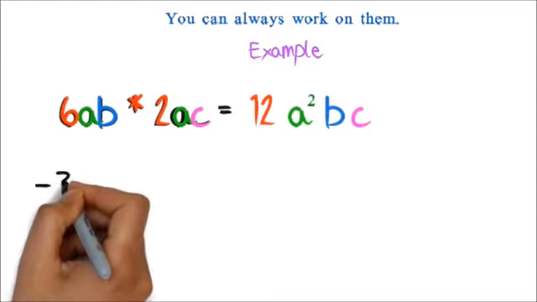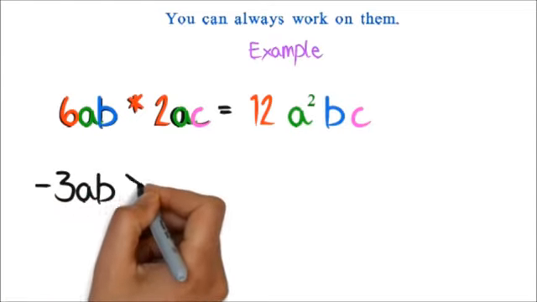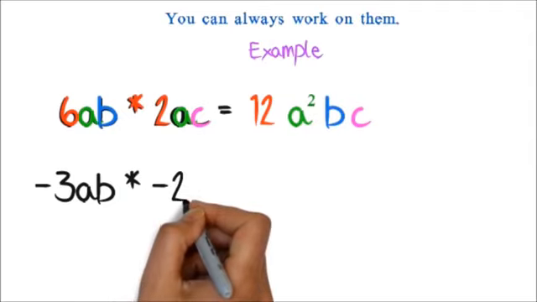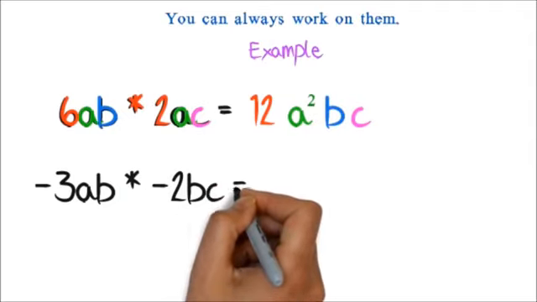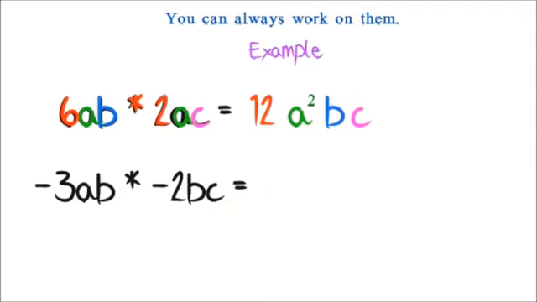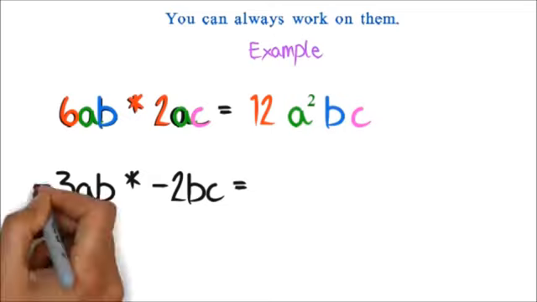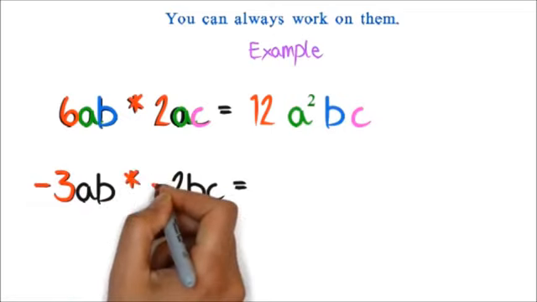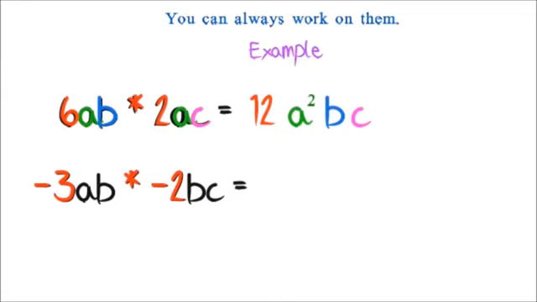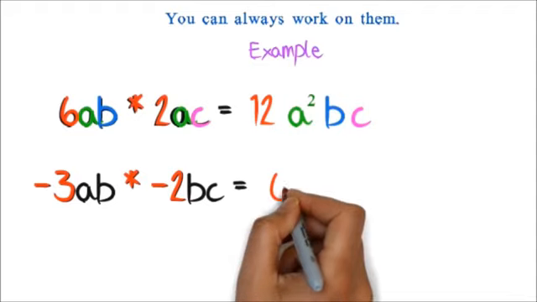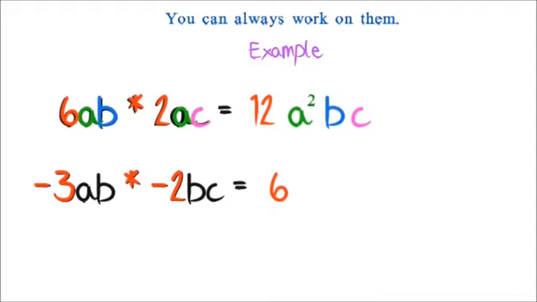Negative 3ab times negative 2bc. Here we multiply the negative 3 and negative 2. These are both negatives, so we have positive 6.